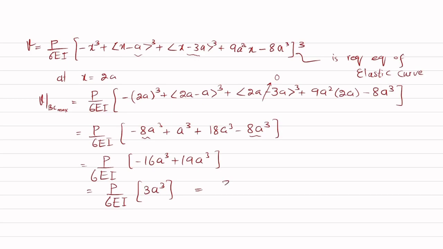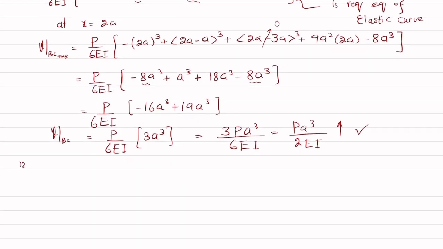So you will get 3pa cube over 6EI, and that will be pa cube over 2EI, and this value is positive, so it means deflection is upward. So deflection in region BC, which is the maximum deflection, is this one.